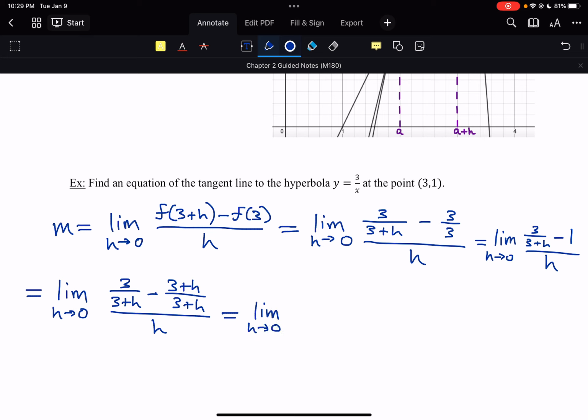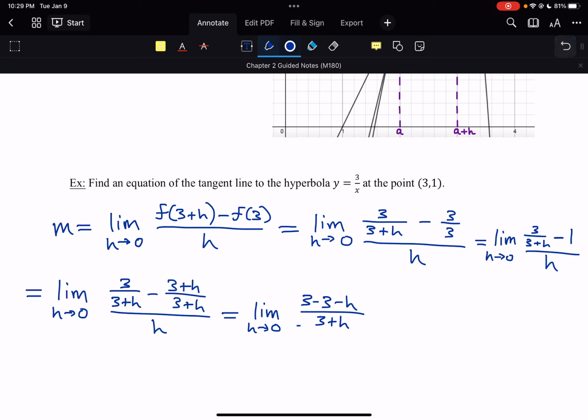Be very mindful of distributing this negative to both of those terms. So we get 3 minus h over 3 plus h.